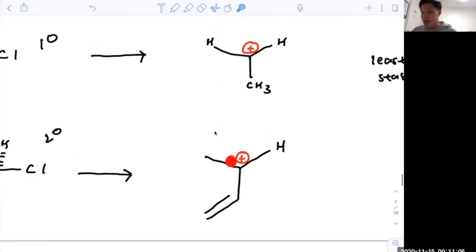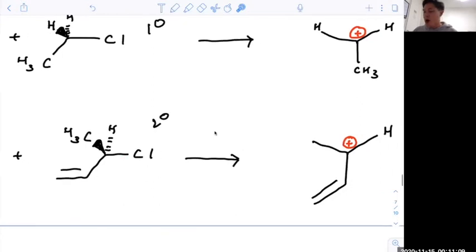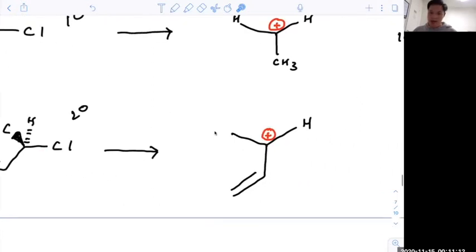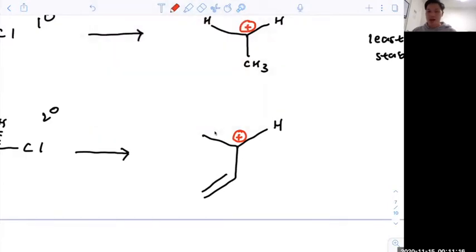We have a positive charge here, right? If this chlorine left, we form a positive carbocation, right? You're gonna see me use that word a lot in this video. But there is a double bond in close proximity to it.